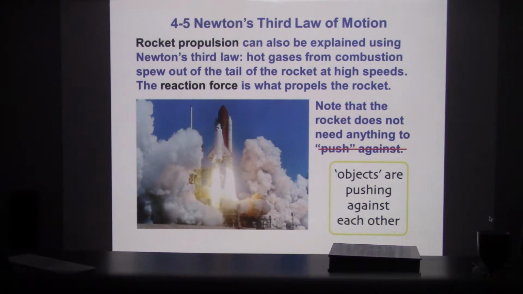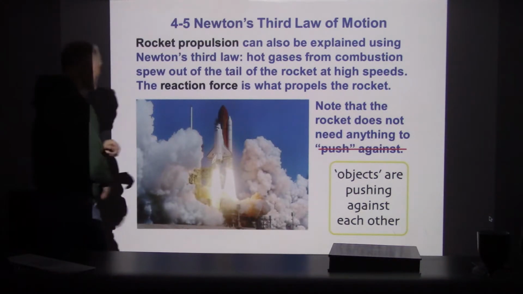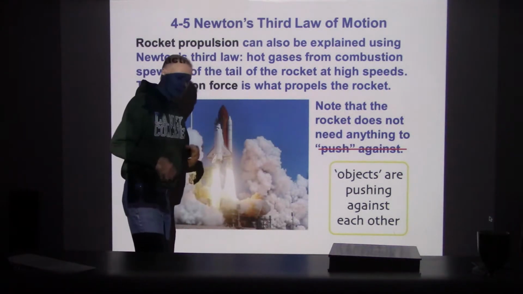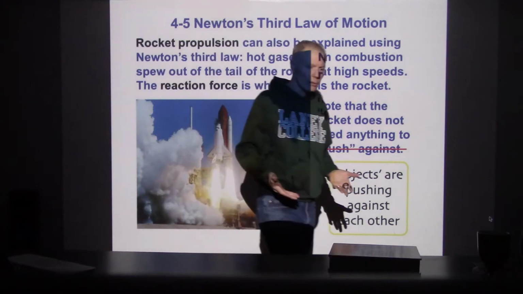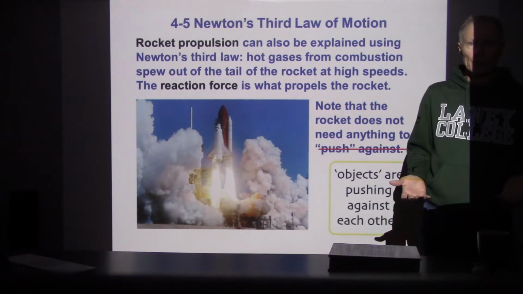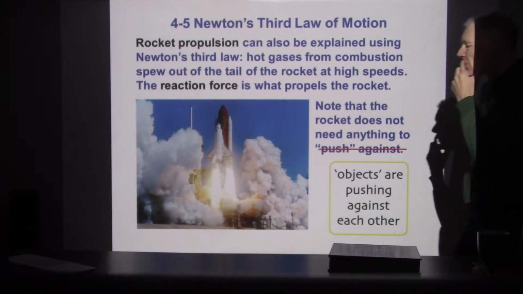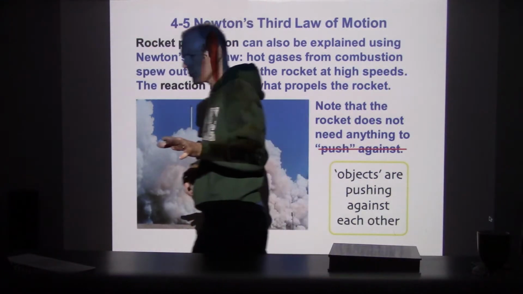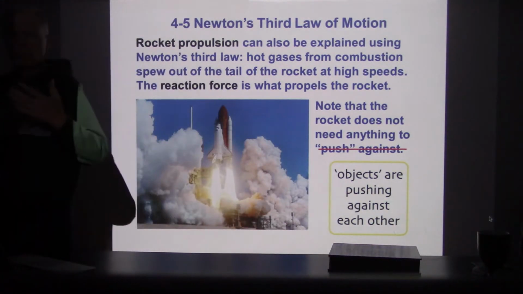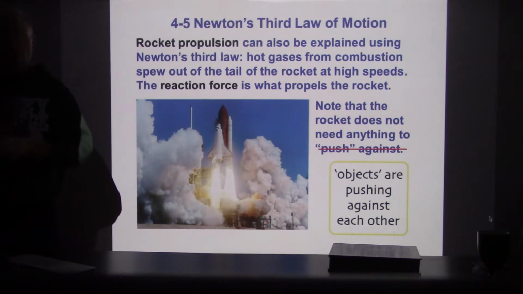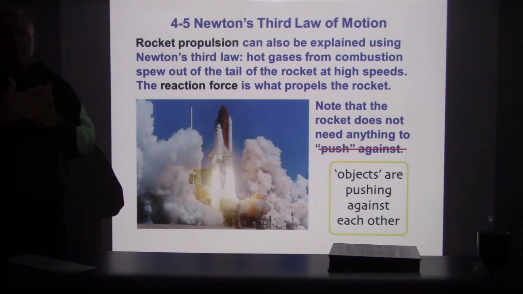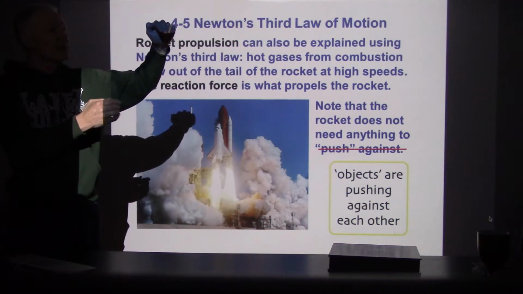How does that work? What happens is we generate these very violent chemical reactions inside a combustion chamber. And so the gas molecules, or the molecules of the products from this chemical reaction, push against the combustion chamber inside the rocket.